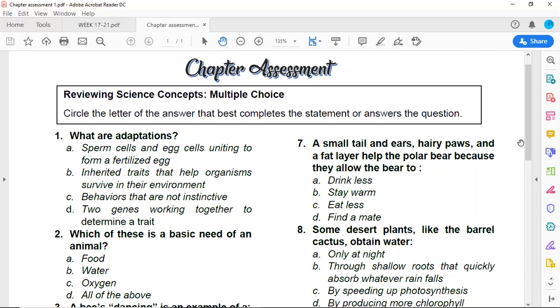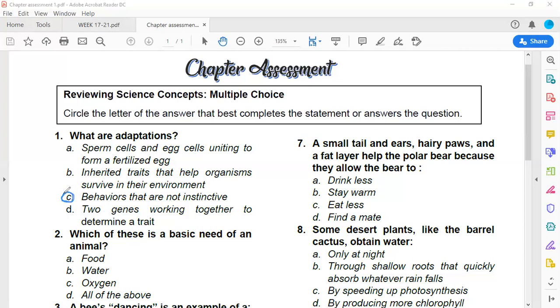Well, for this particular case, the answer is obviously the letter C, behaviors that are not instinctive. If you have something different, please go ahead and fix it up. So it's going to be letter C, okay?